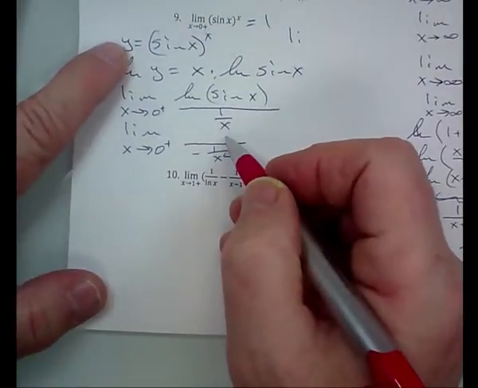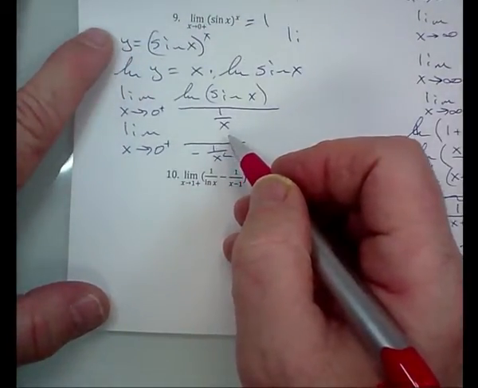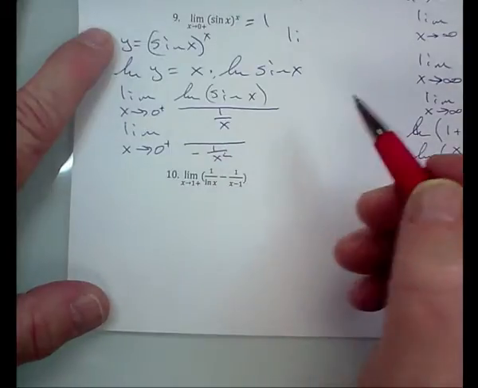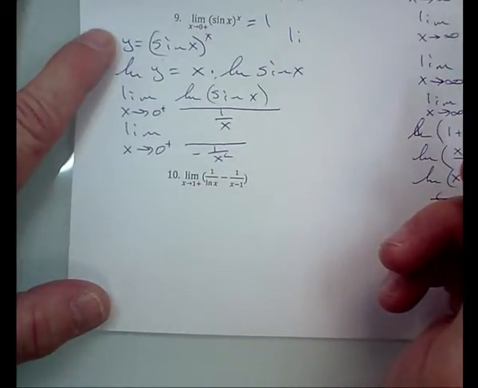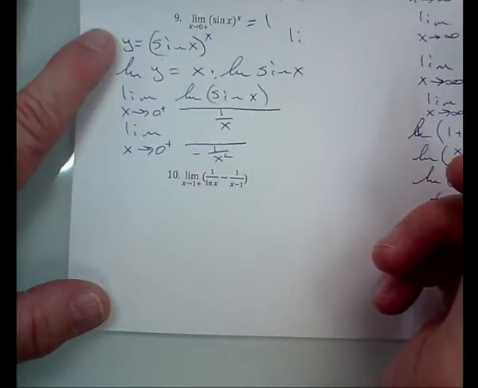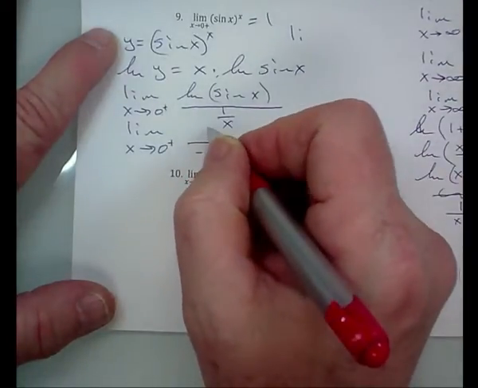What do I get here? Cotangent? Cosine over sine?